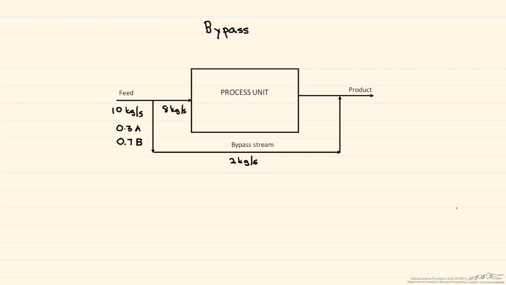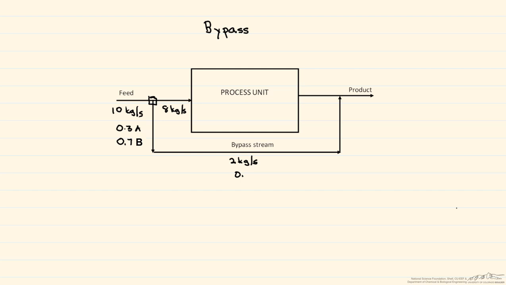Now this is very important because there is a split right here. All of the compositions stay the same. There's no reaction, there's no removing of any of the components.